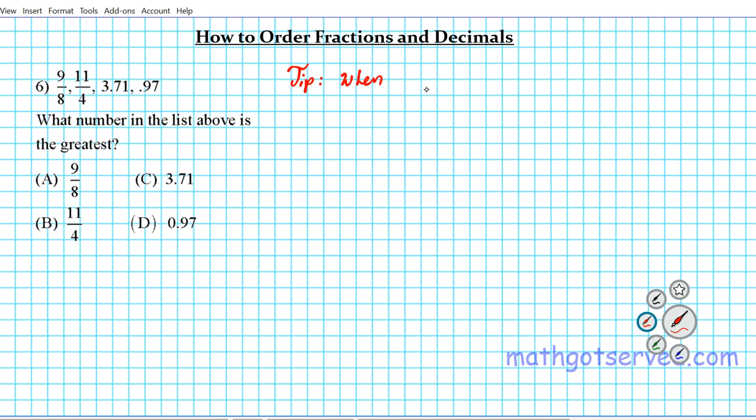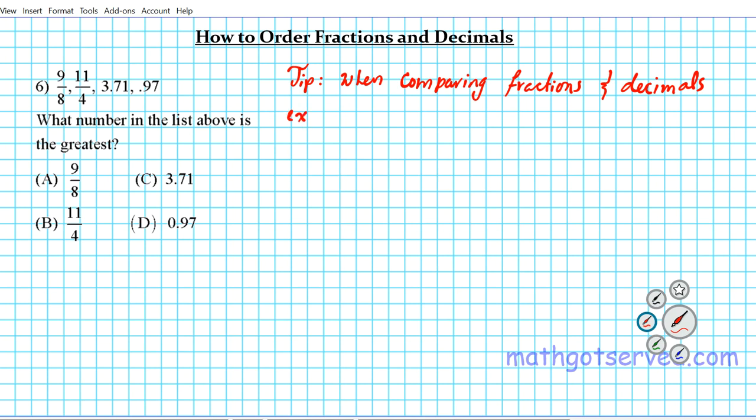When comparing fractions and decimals, the best strategy, ladies and gentlemen, is to convert all of them to fractions or all to decimals.